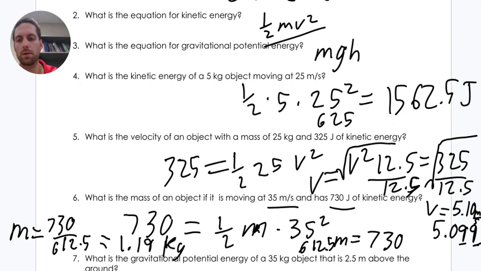If I want to check that, I could do 5 times 1.19 times 35 squared. Should give me around 730. So that looks about right. 1.19 kilograms.